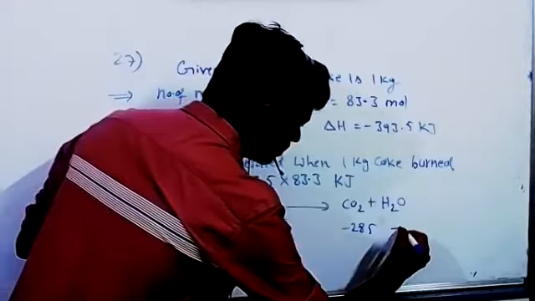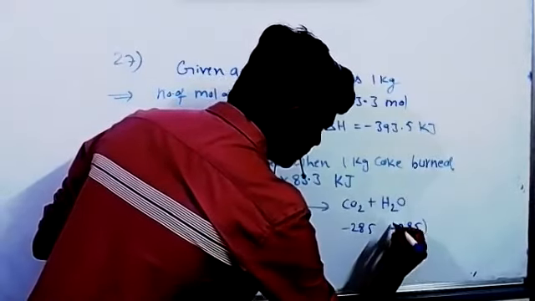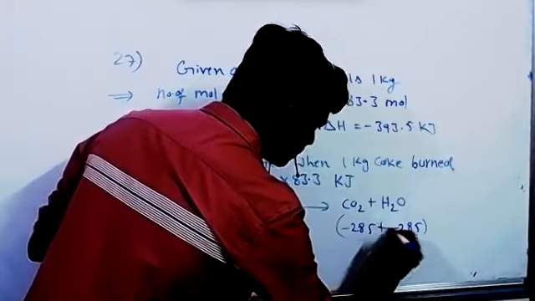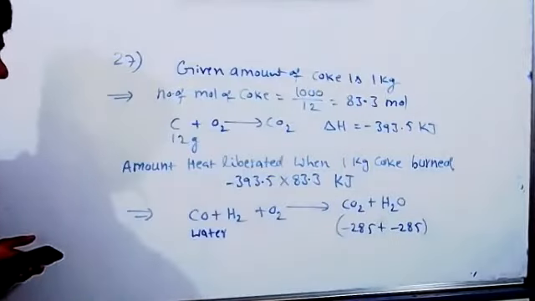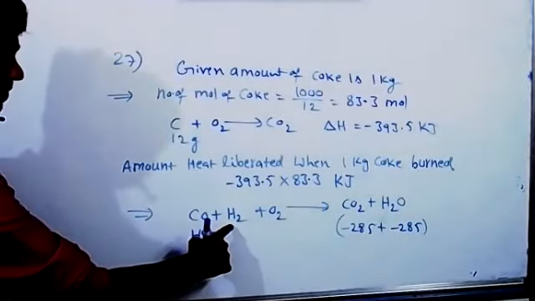To get H2O also, minus 285 kilojoules of heat is produced. This is just for 1 mole of CO plus H2.